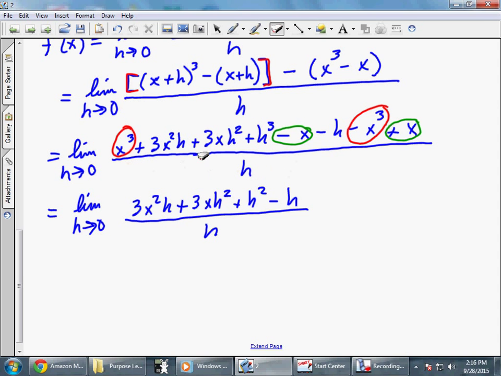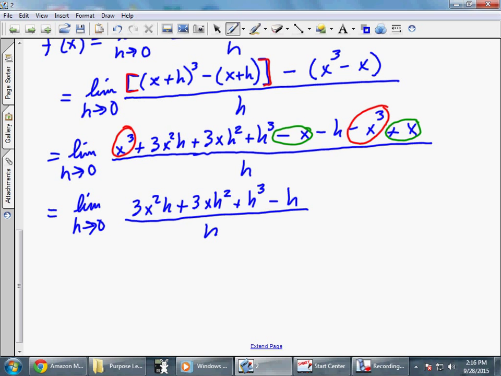That one should be h cubed. That one should be h cubed. Thank you. Oh, yes, I made a mistake. Now I think we're right. Okay, I'm on board.